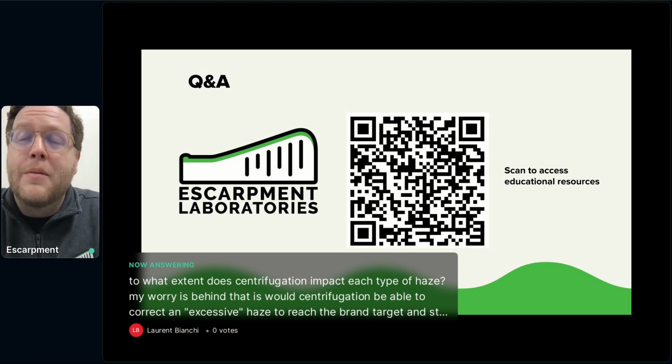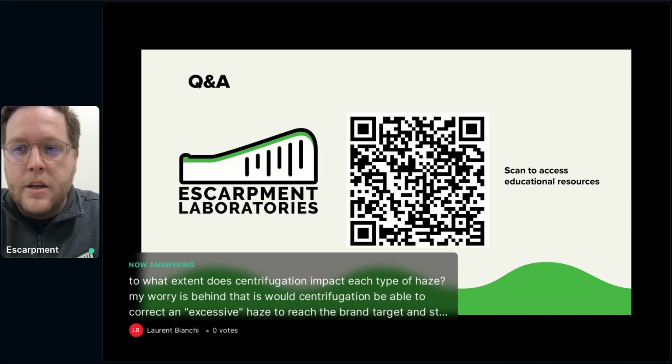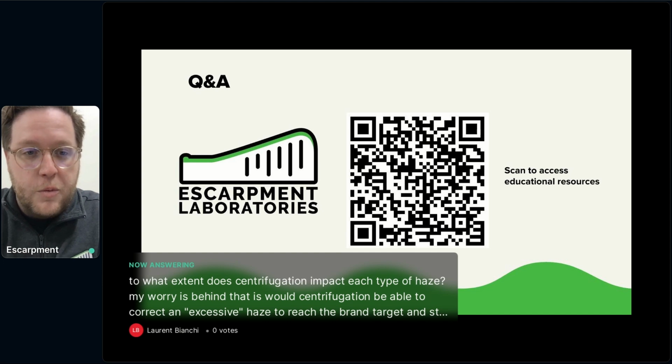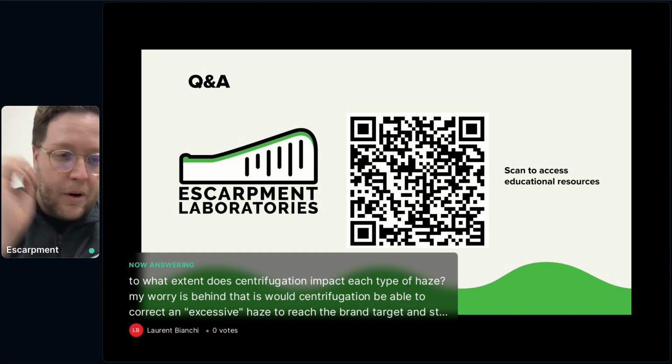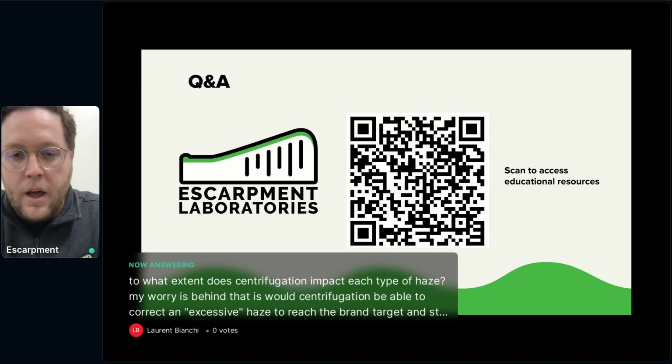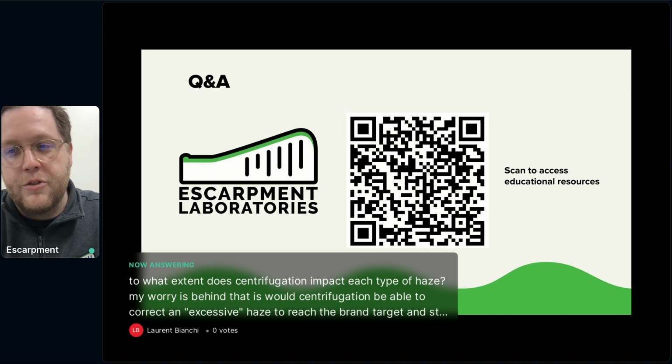Centrifugation is cool. And if you have a centrifuge, it can help you solve a lot of problems. One example is you can absolutely pull out unflocculated yeast with a centrifuge, because those particles are going to be bigger and heavier than the haze particles in a hazy IPA. So typically breweries who have centrifuges can dial them in so that they're able to fuge out the yeast but not fuge out the haze.